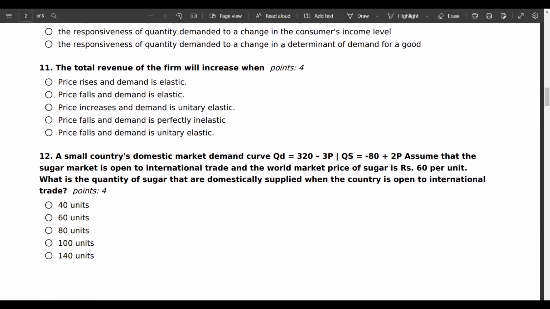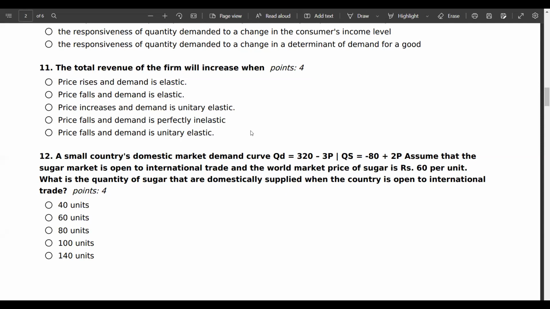Right. And then moving on to the next question. Next question. Again, it's about total revenue of producer changing with price elasticity of demand. And in this question, you see total revenue of firm will increase when?